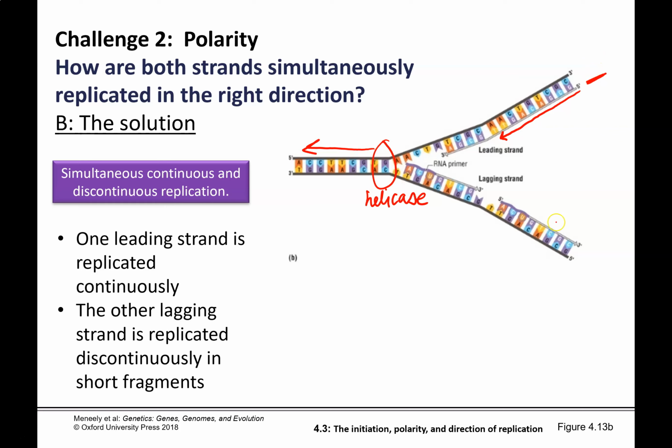On the opposite strand, and at the same time, we have to do things a little bit differently because that polymerase is moving in a different direction. So on one strand, we have continuous replication, and on the other one, we have to do things a little bit differently. So at this replication fork, there's only so much space where our RNA primer can get into.